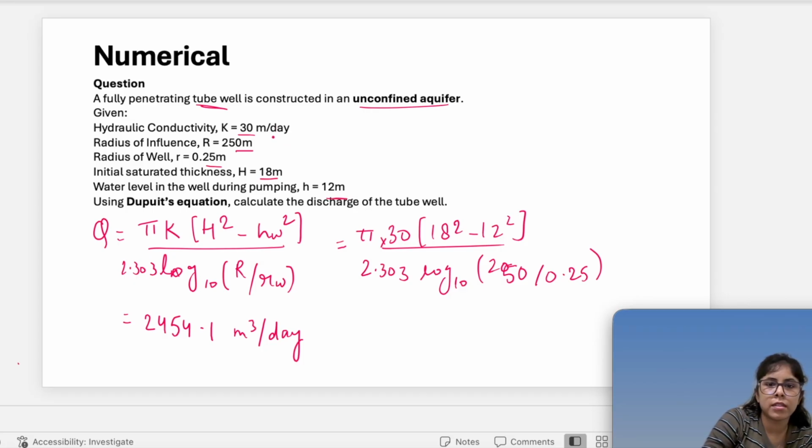So the units are, you can see, in day. I have put in day, and all other units are in meter, so I'll be putting it in meter cube per day.